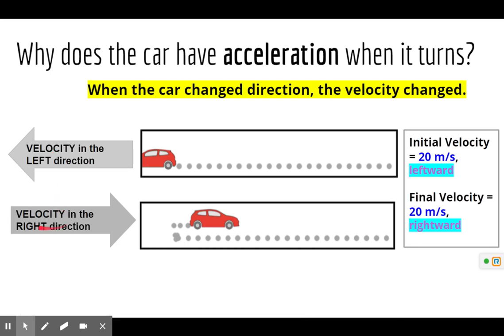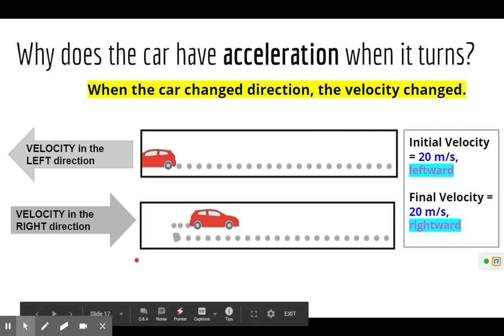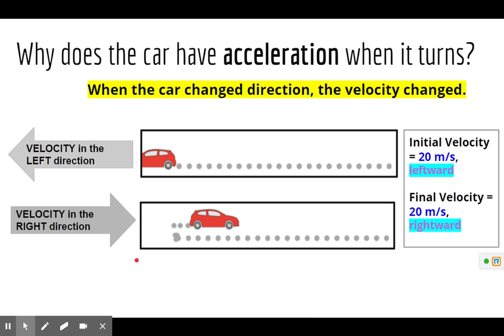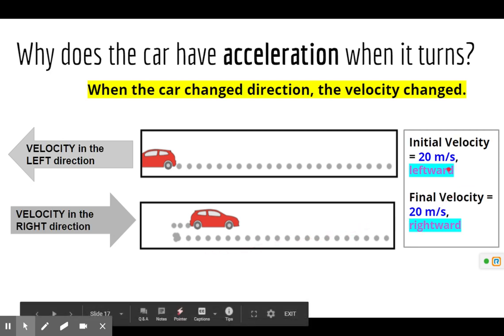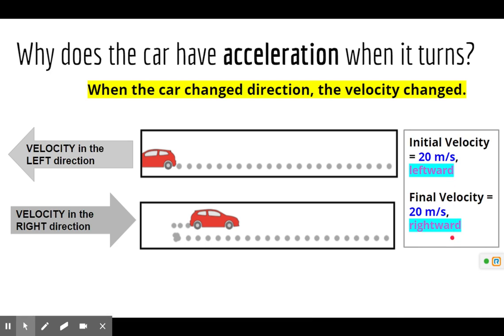In the second frame, we have velocity in the right direction. Velocity changed. If velocity changes, you have acceleration. The definition of acceleration is a change in velocity. So even though the speed did not change, if the direction changes, you have acceleration.